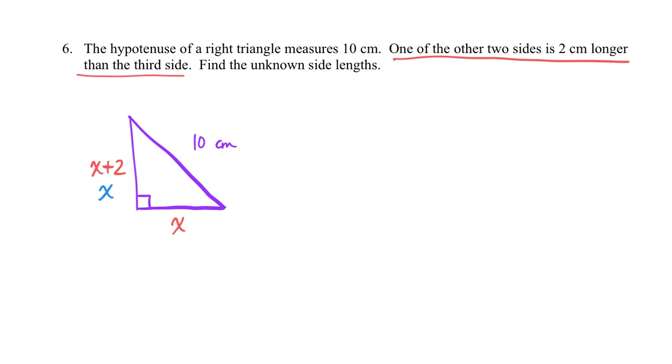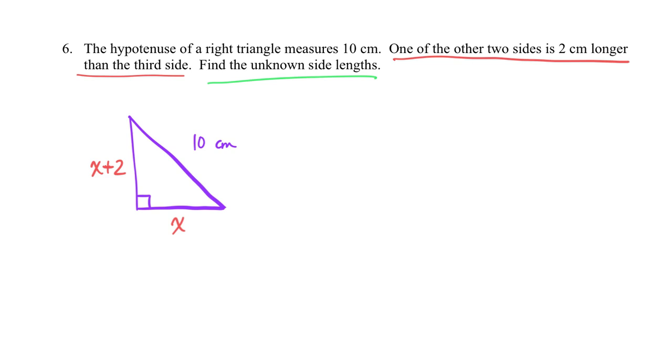Okay, if I just go with what I have in red, then the question now says, find the unknown side lengths. And you'll notice it didn't give me anything in the problem that told me what equation to build. Okay, it actually did. And this is what we have to be aware of.